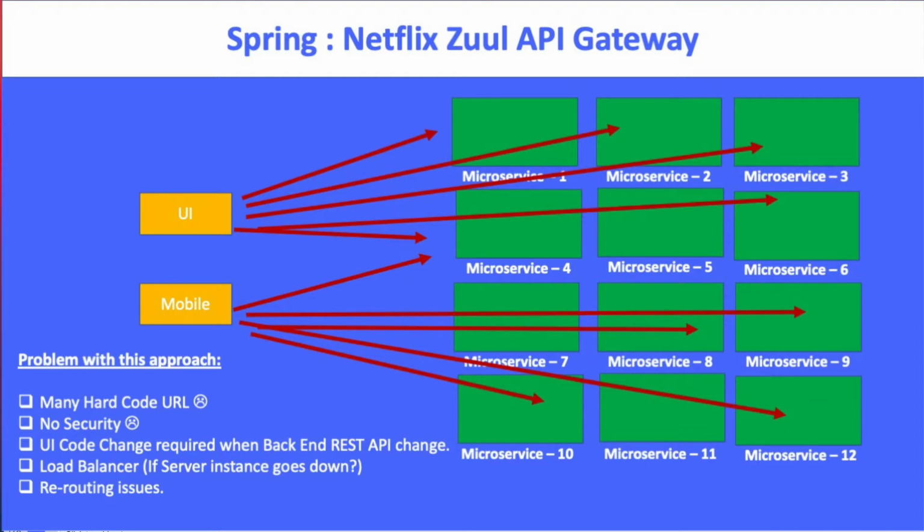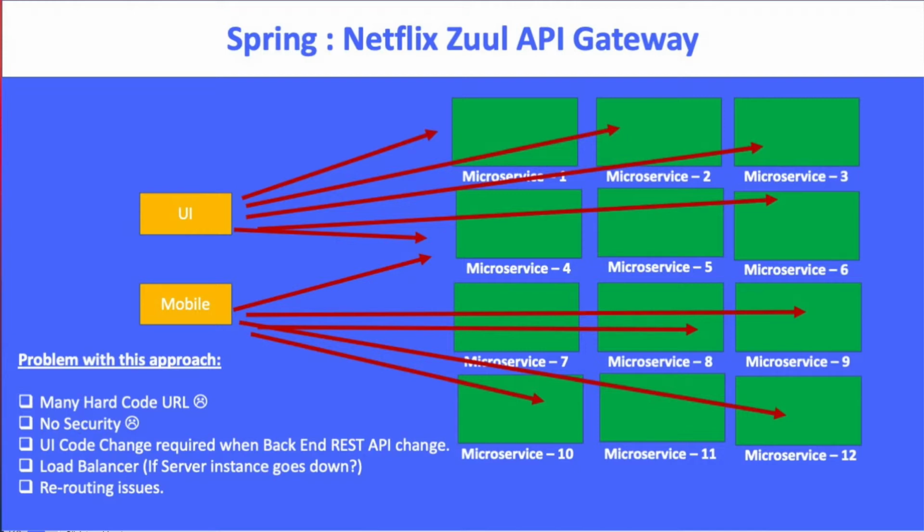And now it would not be easy to maintain in the UI. Every time if anything changes in the backend side, then again you have to come and change in the UI code, right? Because both are very tightly coupled, and you have to open the port or the IP address of each microservice.